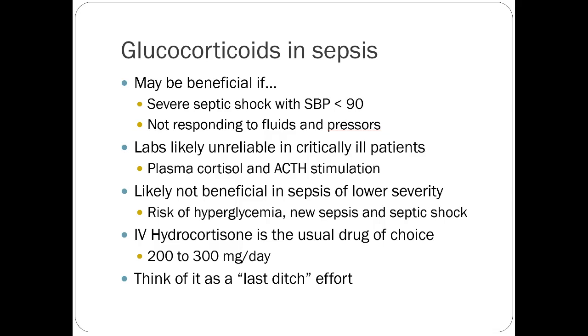I'll just mention it quickly. It's called a cosyntropin stim test. You give this medication called cosyntropin, and it works through the adrenal glands to stimulate a stress response, and you end up getting a plasma cortisol increase if your adrenal glands are functioning normally. But in a critically ill patient, sometimes they won't get any response because they're already tapped out at that point.